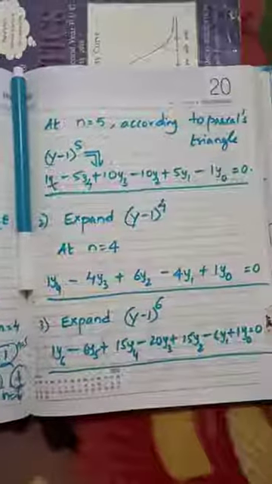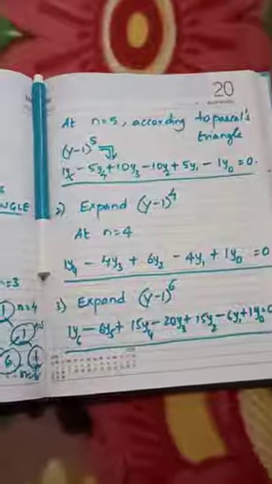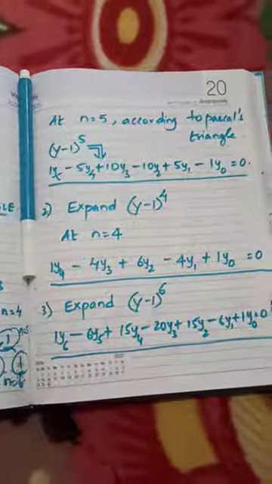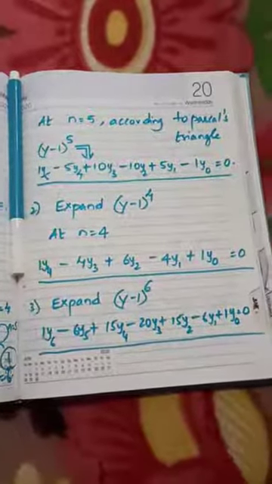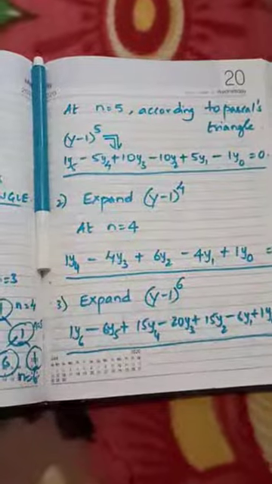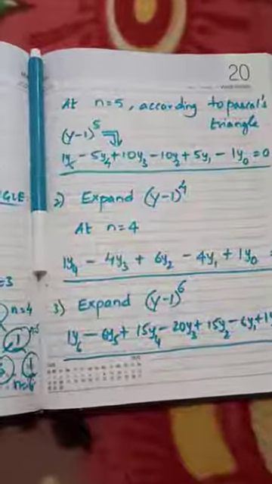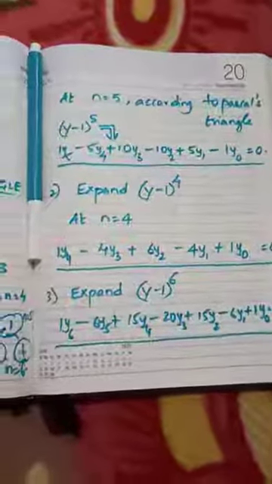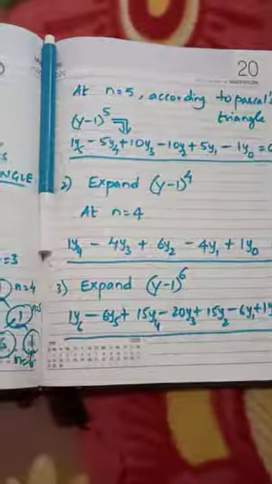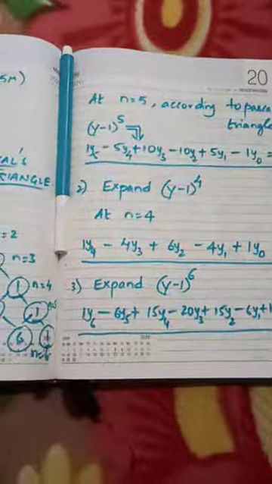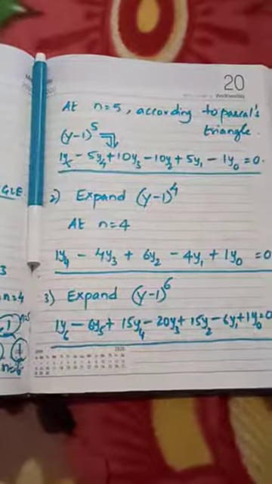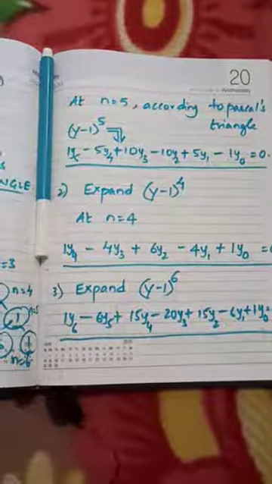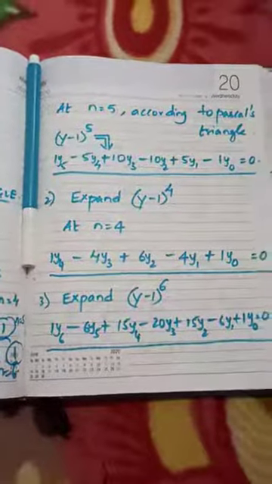Actually speaking, for this expansion you have to use the binomial expansion formula. Based on that, the formula is just taking delta naught whole power n equals 0, that means (y minus 1) whole power n equals 0.